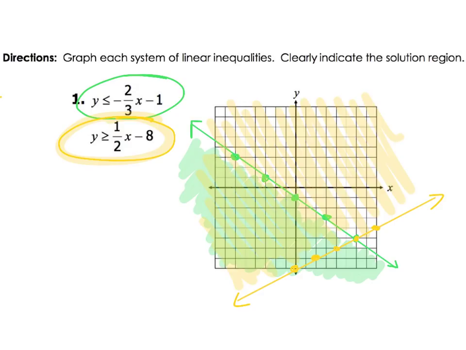But I highly recommend, if you want to make it extremely clear to me what your solution is, use a highlighter or a marker or a different colored pen to show me the part where they're overlapping. So I'm going to use a different color and highlight where they are overlapping, and that is this part right here. That would be the solution to our system of linear inequalities.